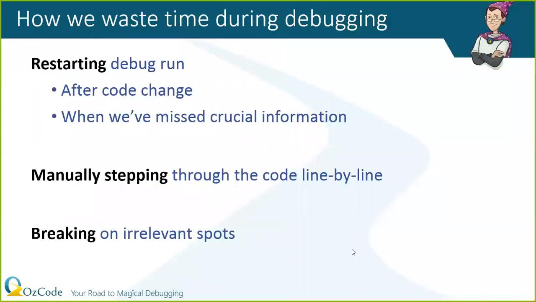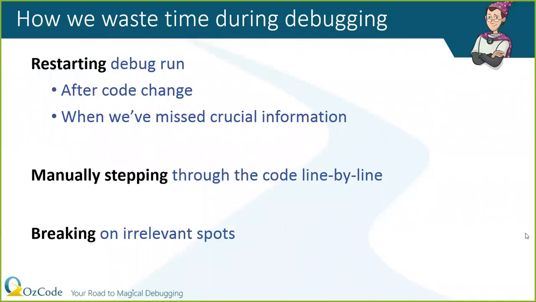And there's a lot of time wasted in the debugger when you think about it, for all sorts of different reasons. One of those problems is that we keep restarting the debugger over and over. Each time we make a code change, or each time we step a bit too far in the debugger, and then, oh man, I missed it.